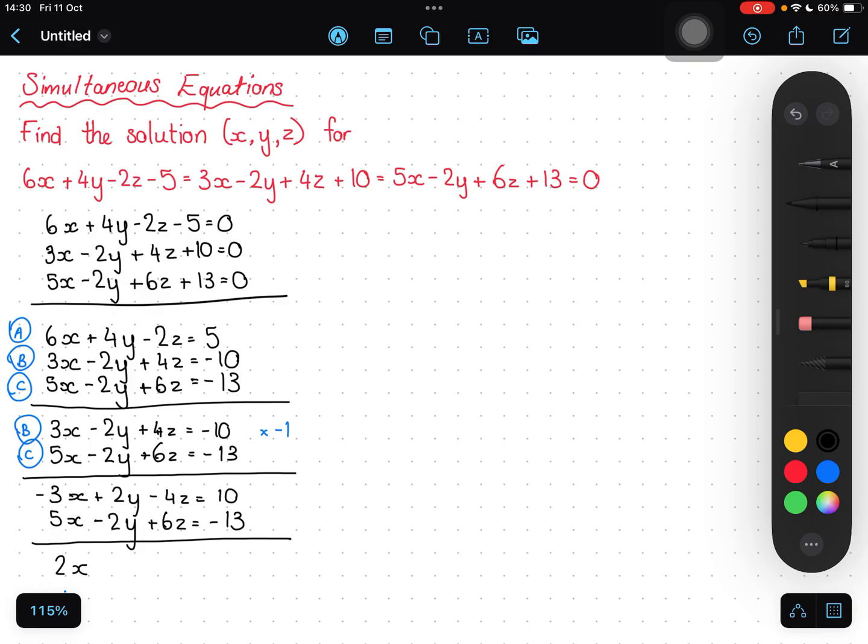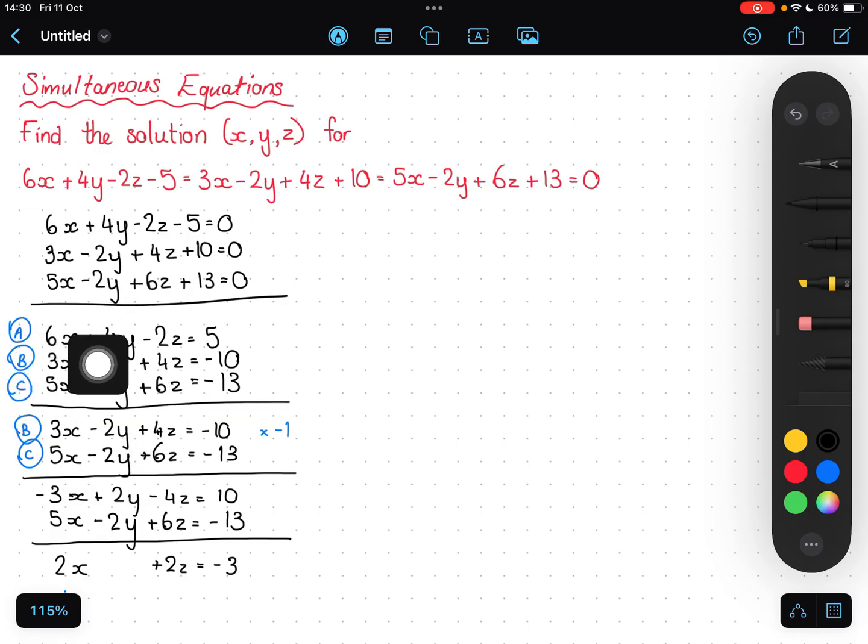I'm going to get 2x plus 2z is equal to minus 3. So now I have an equation with just 2 variables in it. I'm going to leave that there and do this same process again with another 2 of these.